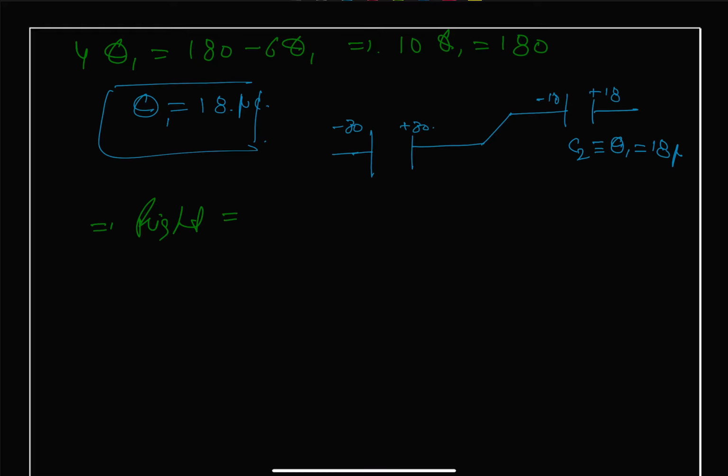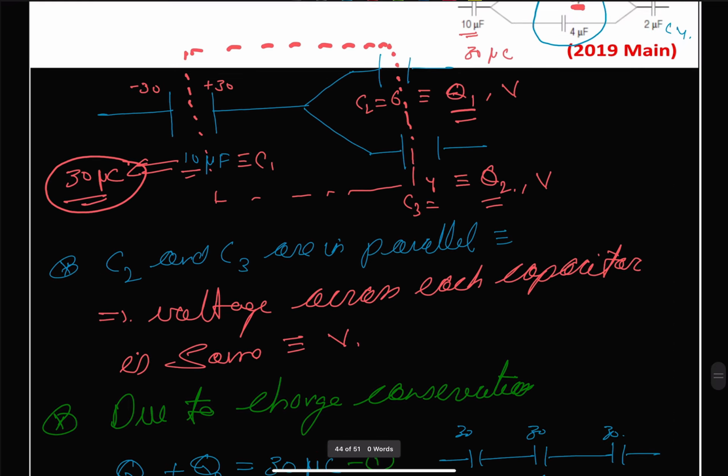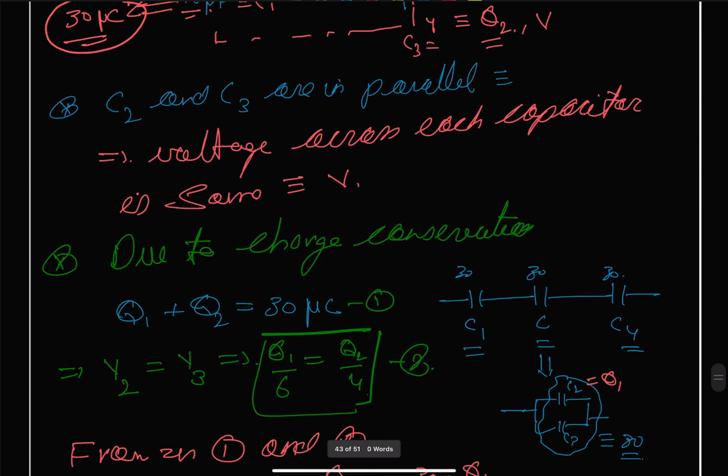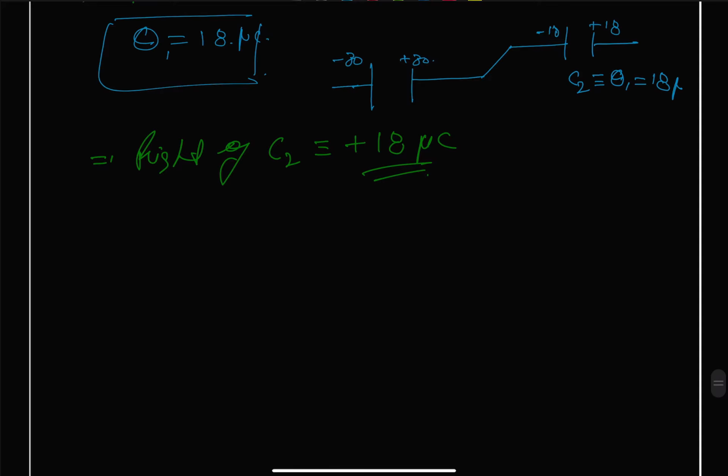Right of C2 is going to have plus 18 microcoulomb. So option B is the correct one.